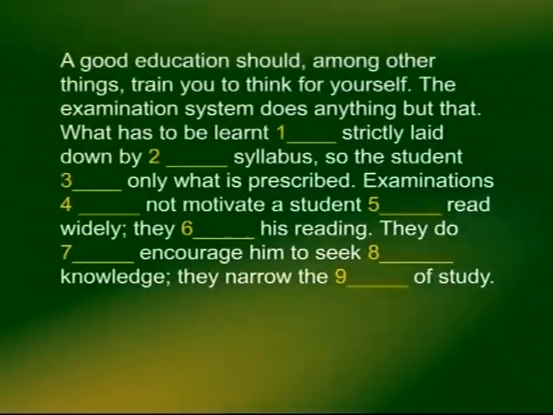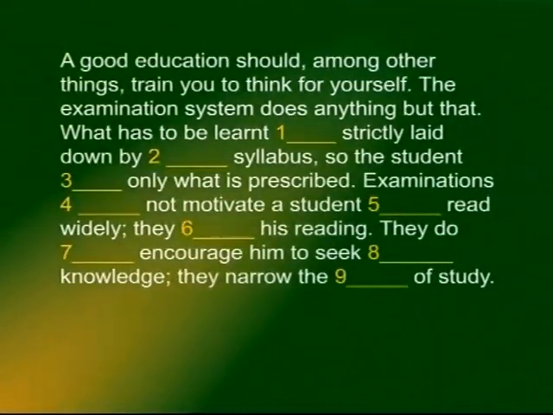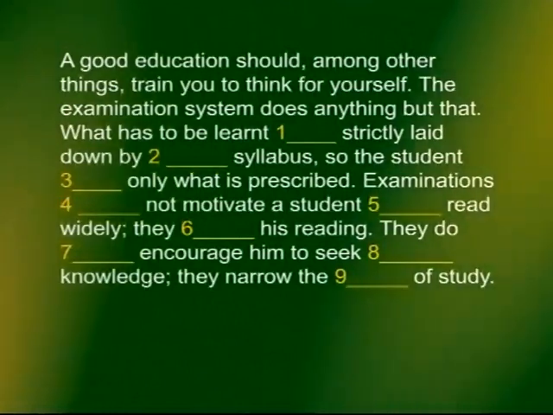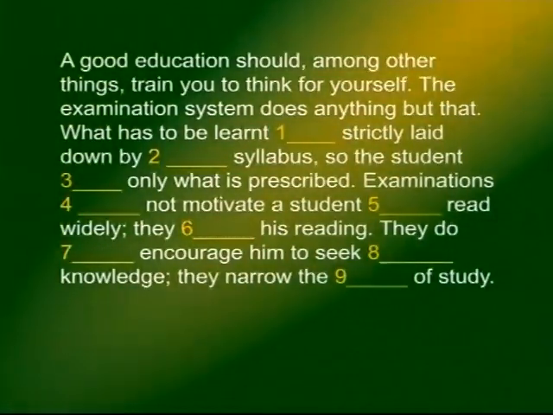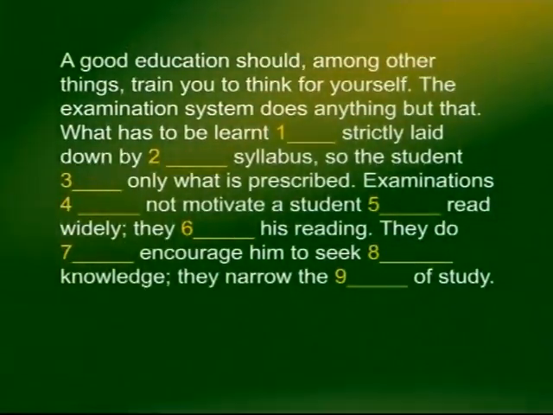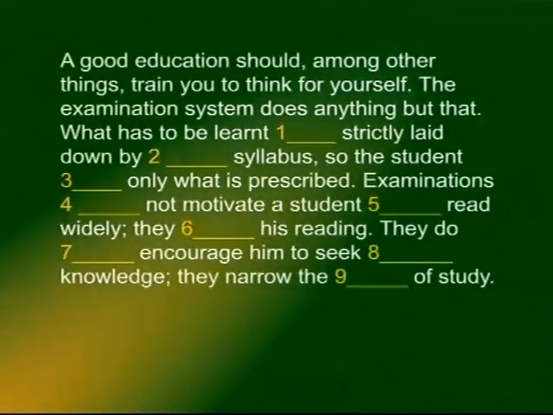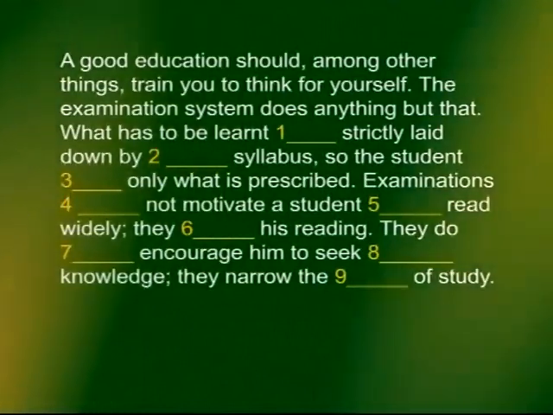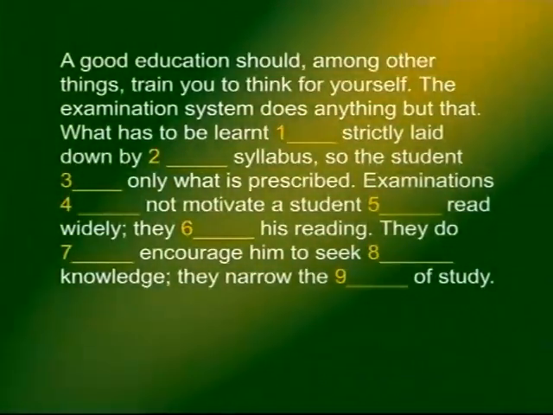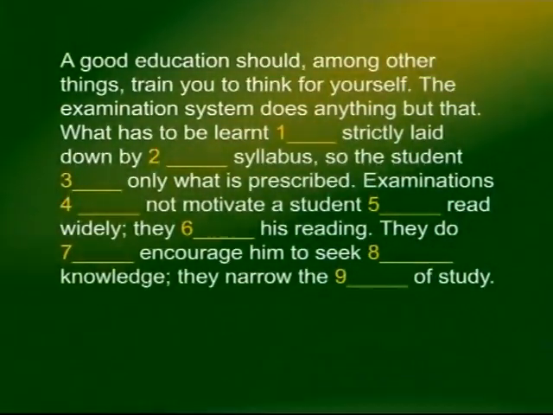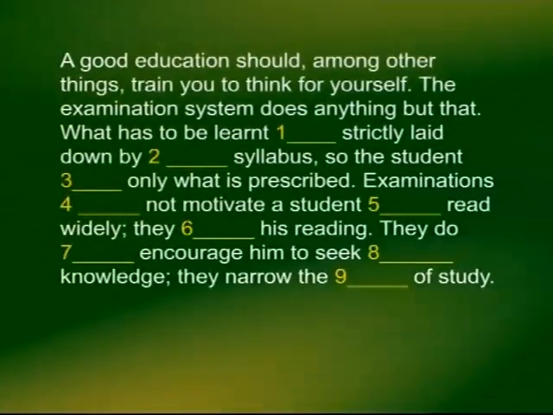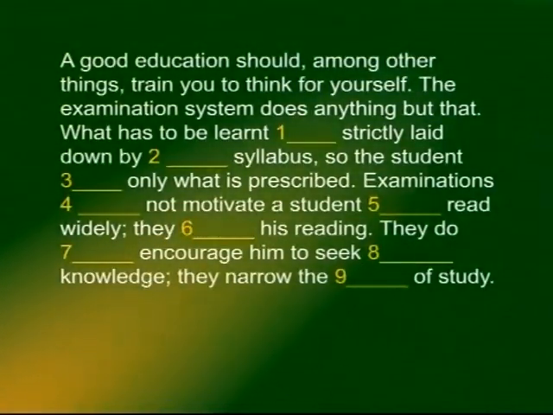Now notice, there are more than 10 gaps. The first two sentences were without a gap. What has to be learnt, dash, strictly laid down by dash. So the student, dash, only what is prescribed.